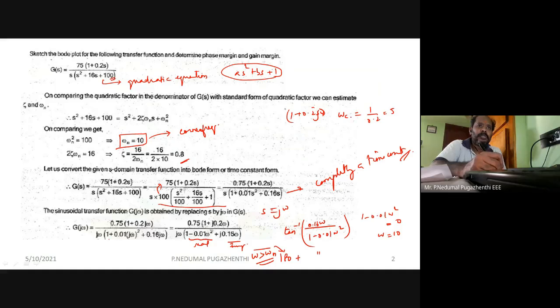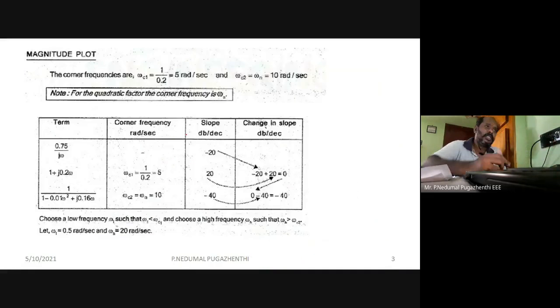Let me choose ωc1 equal to 5 radians per second, and ωc2 equal to ωn, which is equal to 10 radians per second. So two corner frequencies are there: one from 1 + 0.2jω, and the other from the quadratic equation.